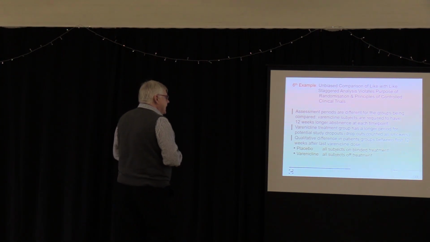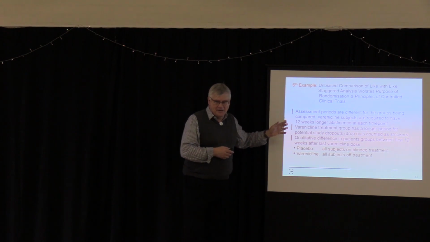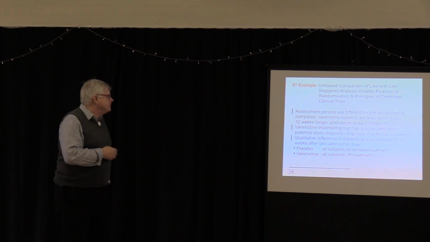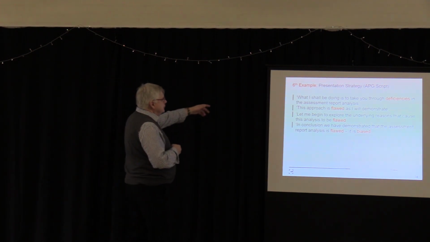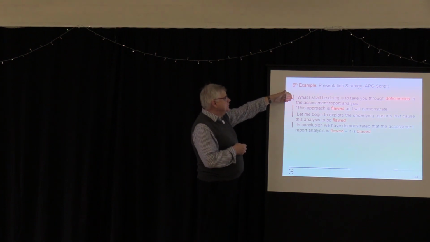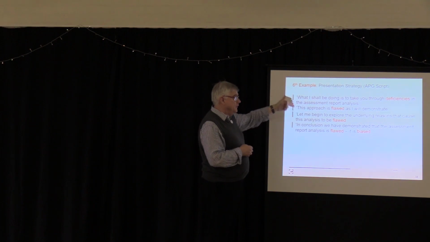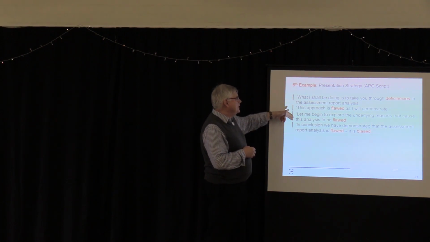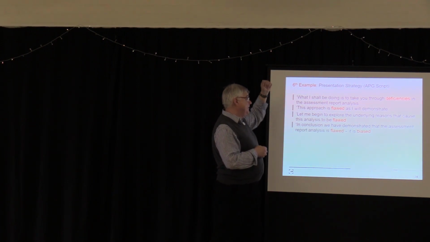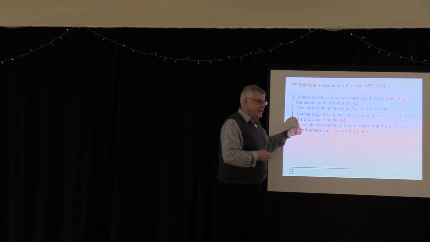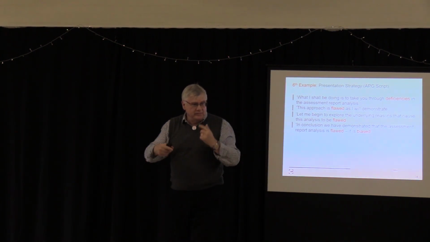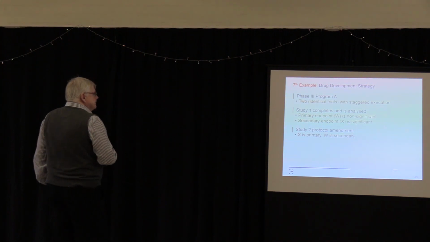I think that probably had more impact than my statistical analysis. Yes, so this was my strategy. What I should be doing is to take you through deficiencies in the report. This approach is flawed. Let me begin to explore the underlying reasons that cause this analysis to be flawed. It's flawed. It's biased. So we were fairly hard hitting.